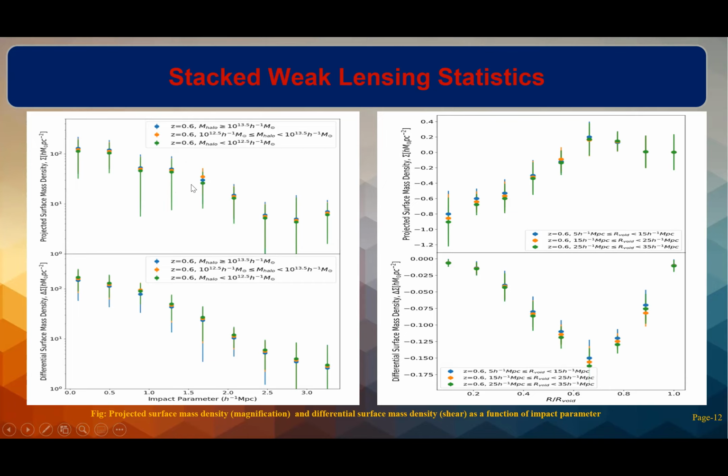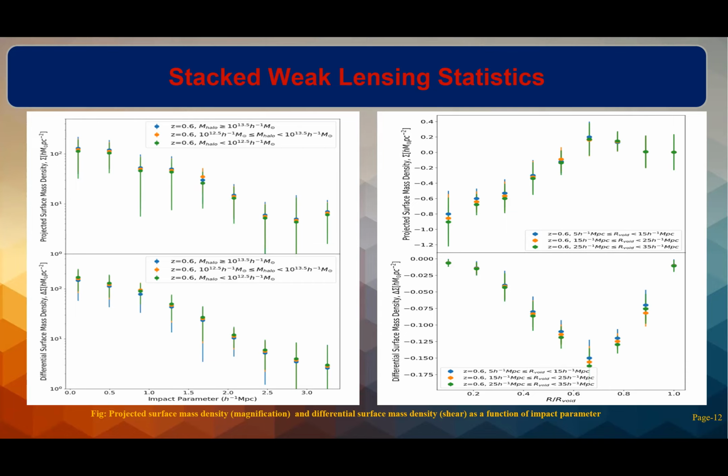In comparison to the clustering masses of the halos, we observe that for all cases, the weak lensing magnification is comparatively higher when the bundles of light pass near the massive halos than the less massive halos, because the density distribution of the massive halos is comparatively higher than the less massive halos.